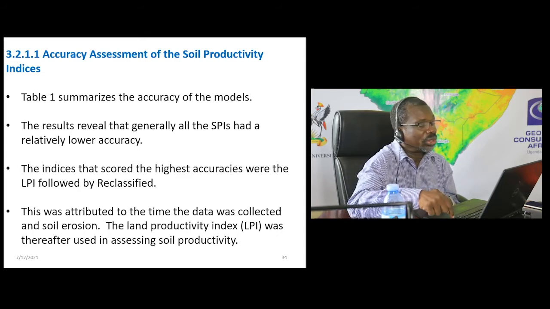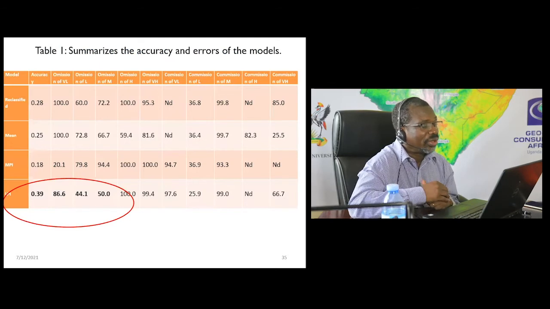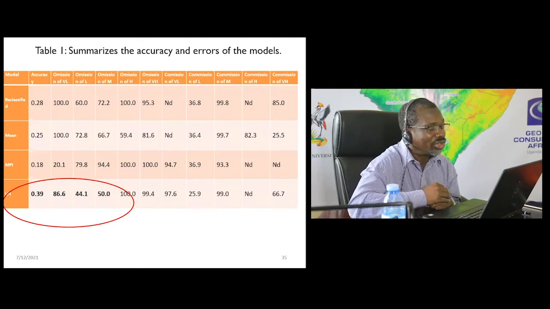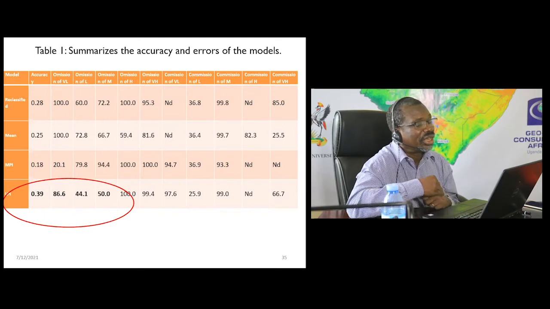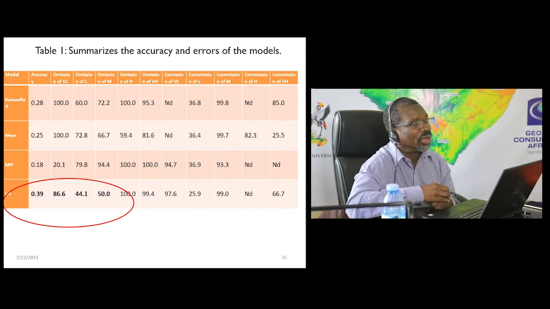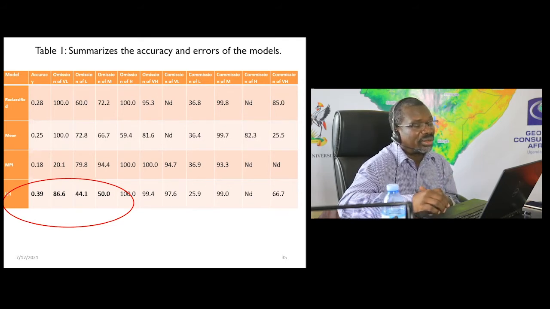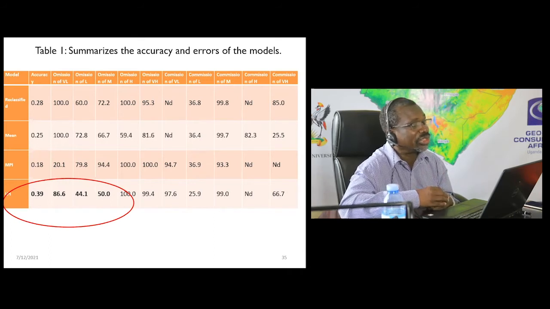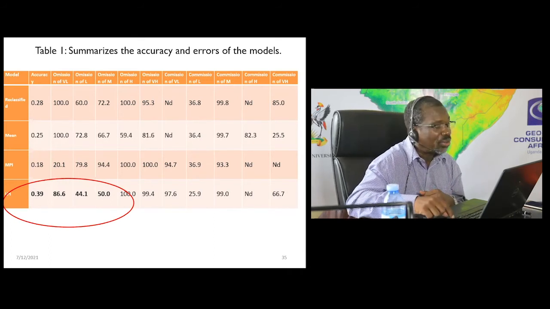And what we observed, if you can look at it, is that the land productivity index gave us the highest relative accuracy and overall relatively low errors of omission, but also fairly comparable errors of commission with other models. But the strength was basically the accuracy and the error of omission.